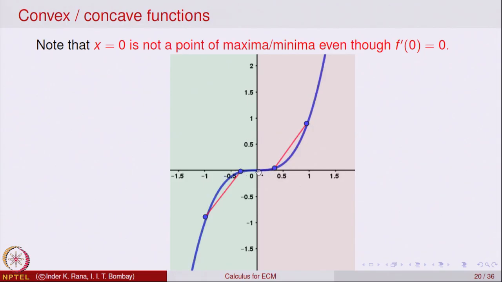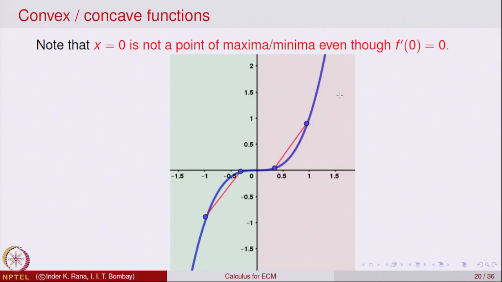And note that at this point 0, even though f dash of 0 is 0, this is not a point of local maxima or local minima. The tangent here becomes horizontal. So, the function is everywhere an increasing function. As you move from left to right, the function is rising.